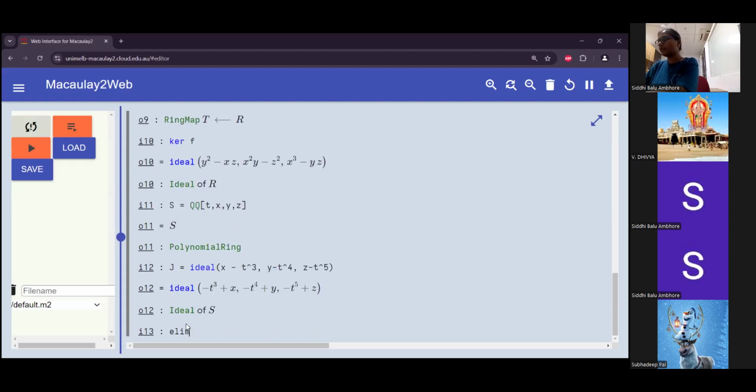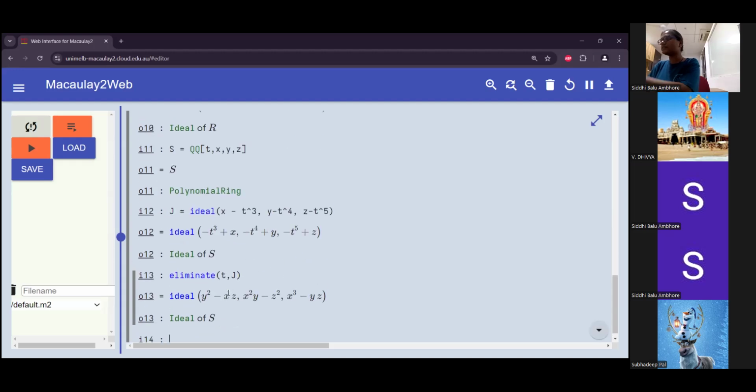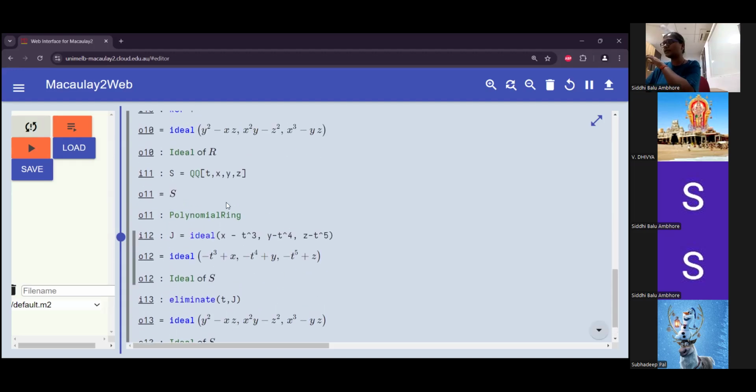Okay, and now eliminate this t from J. And these are two ideals I'm getting, and they are exactly the same ideals. Okay, so can you see this?